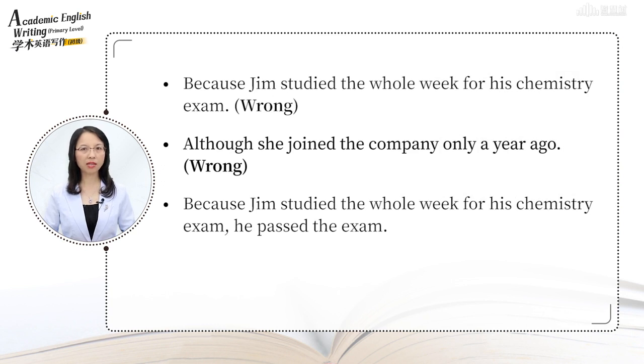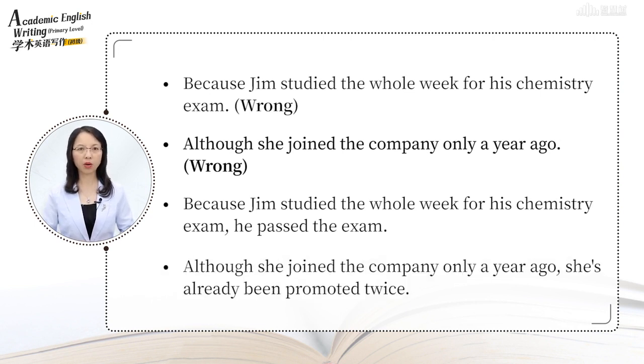For example, because Jim studied the whole week for his chemistry exam, he passed the exam. Although she joined the company only a year ago, she's already been promoted twice. To sum up, an independent clause forms a complete sentence on its own, while a dependent clause needs an independent clause to make a complete and correct sentence.